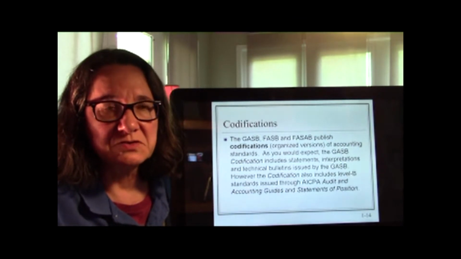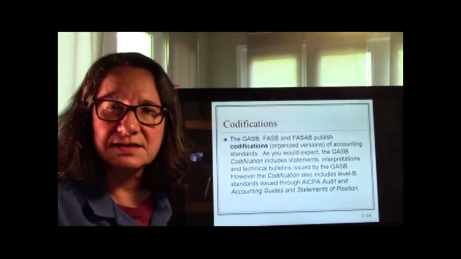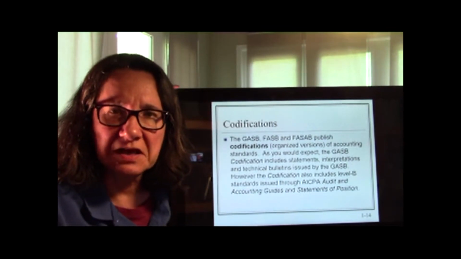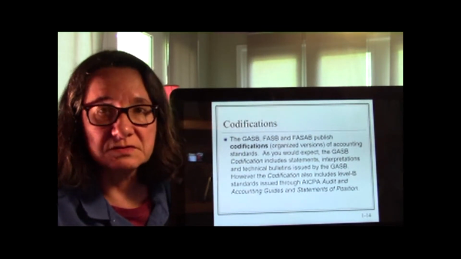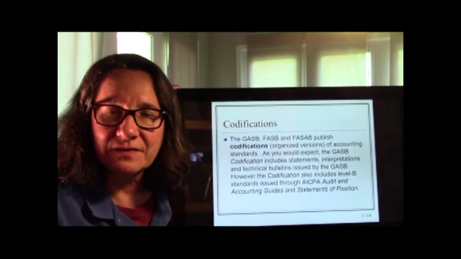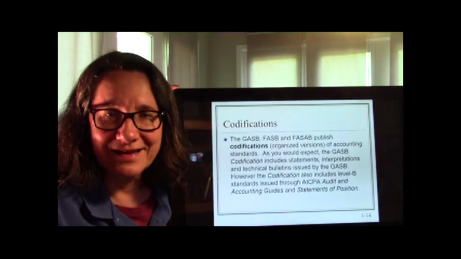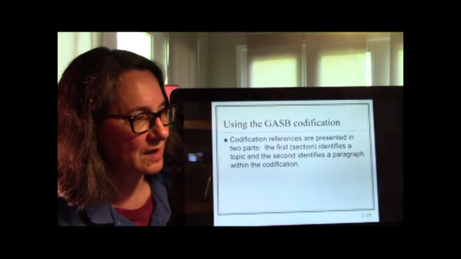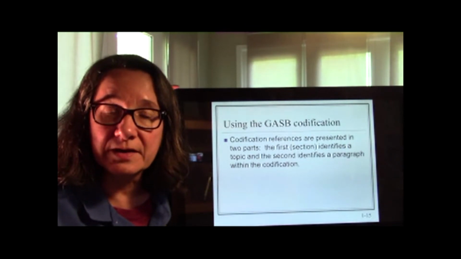I'm going to expect you to learn these high-level concepts and understand the statements, but obviously, if you became a financial accountant for a city or a state or a school district, you might need to get yourself a copy of the codified GASB standards. Okay? And of course, it would be helpful to learn how to read them.